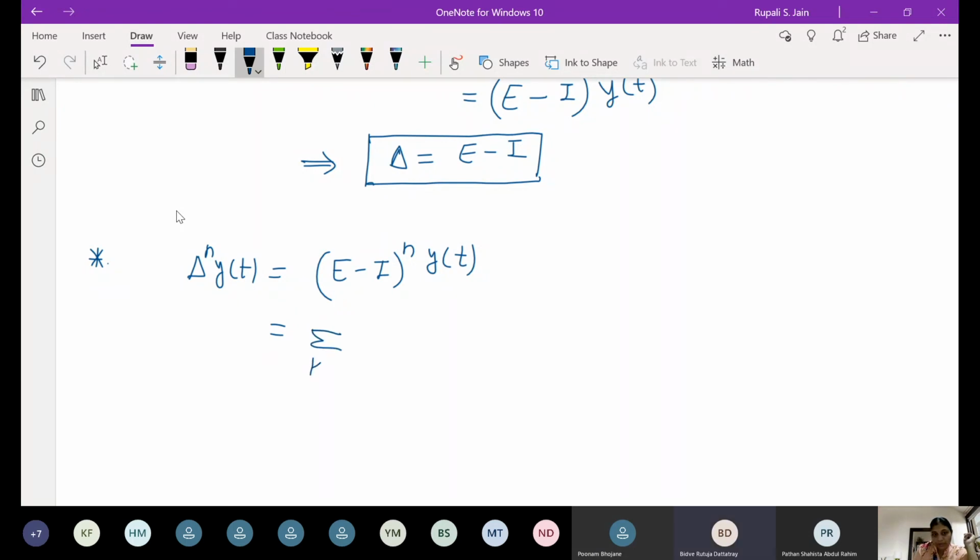Summation k equal to 0 to n, minus 1 raised to k, nCk, e raised to n minus k, I raised to k, operated on yt.